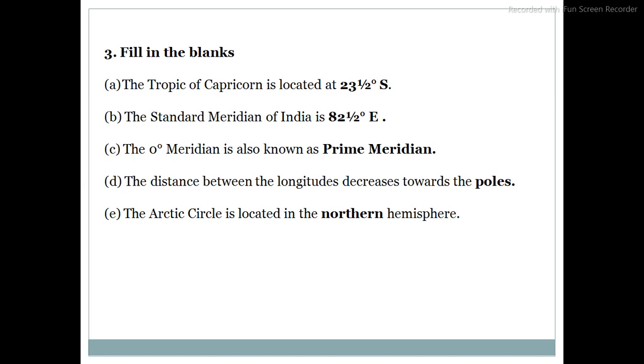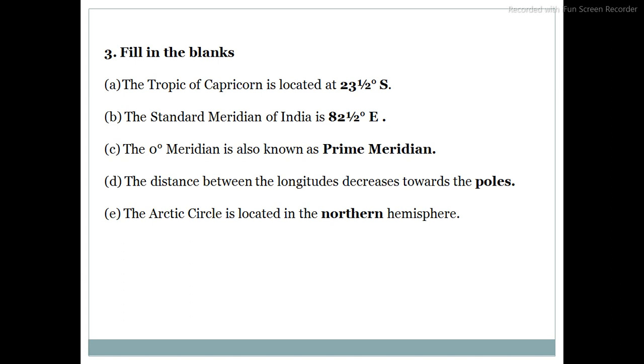The answers are here for you. Please copy down the answers. I will give 1 minute to you. When I am reading it, those who have the textbook, please write the correct answer. The Tropic of Cancer is located at 23.5 degrees north.